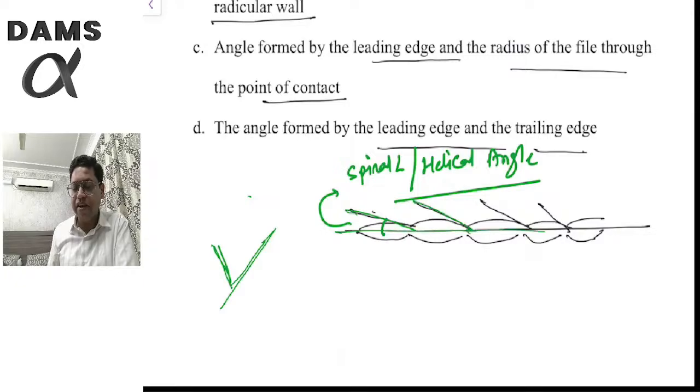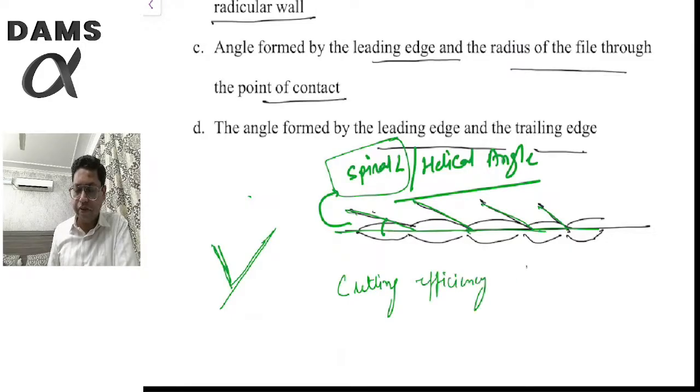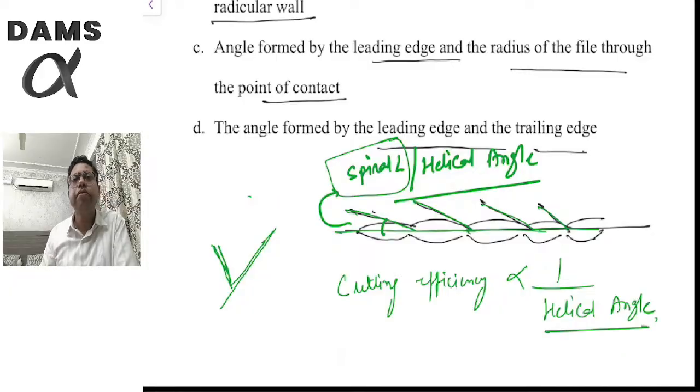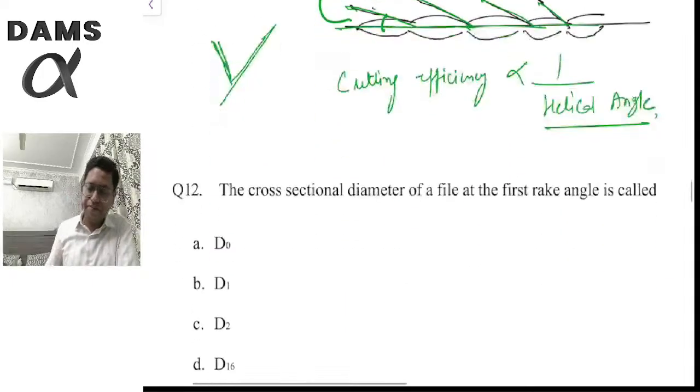Another name for helical angle is spiral angle. And remember that cutting efficiency is inversely proportional to helical angle. Smaller the angle, greater the cutting efficiency.